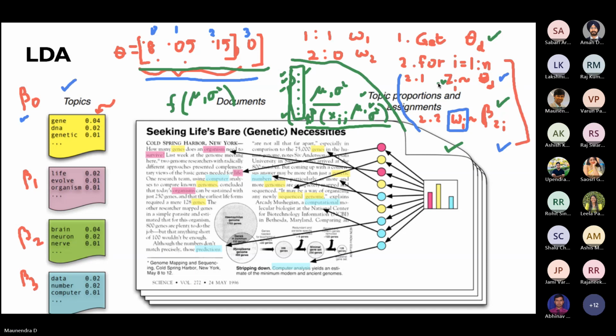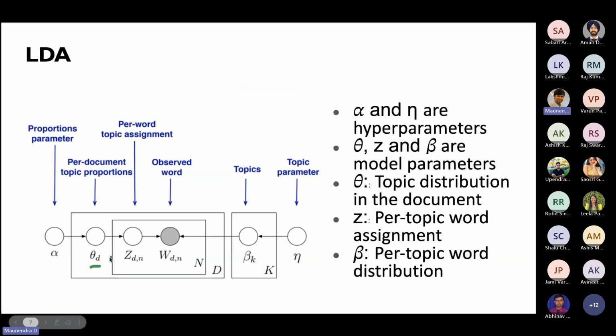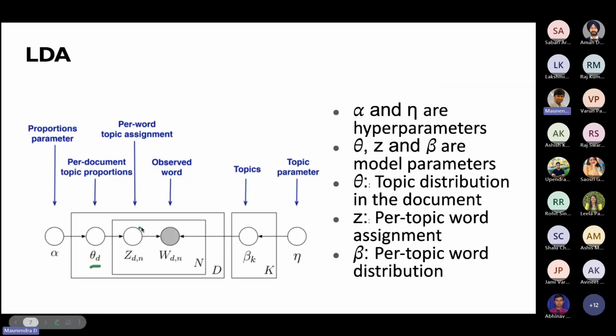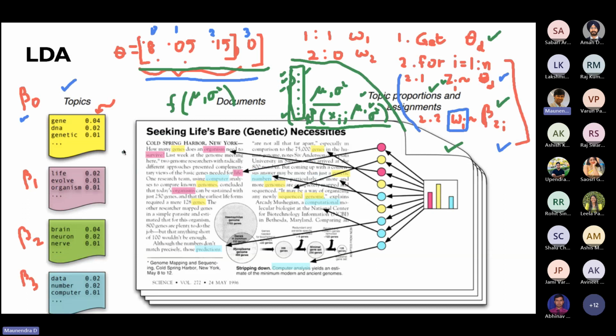And then once we have sampled it, for the dth document and nth word, we sample a topic, right? This is what we did in step 2.1. Now we have sampled a topic, and from that we want to generate a word.